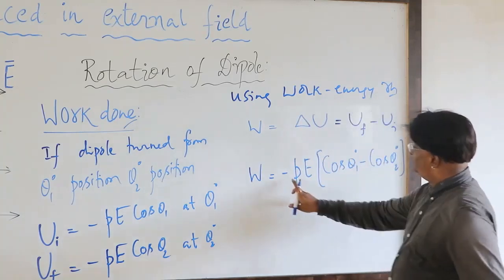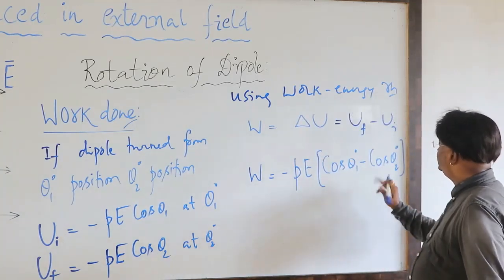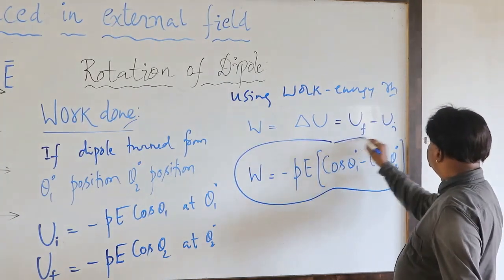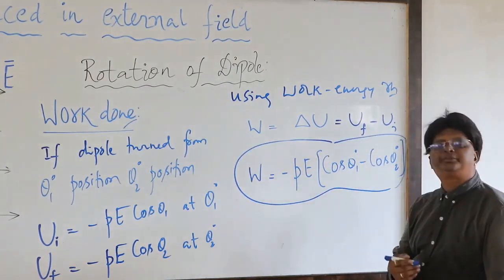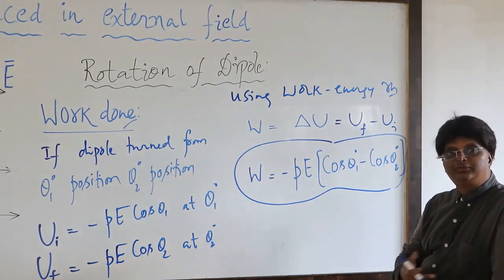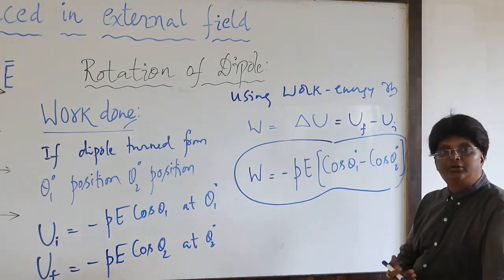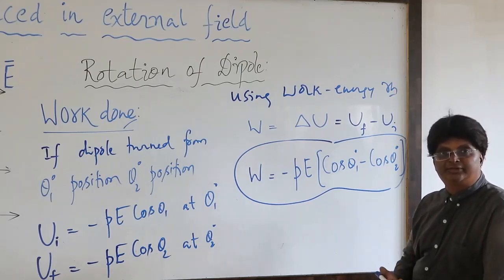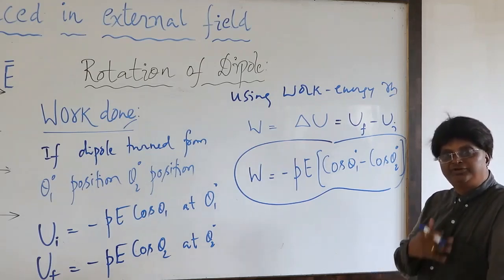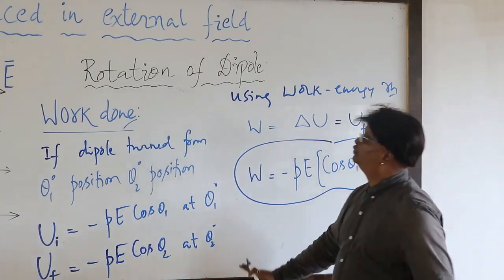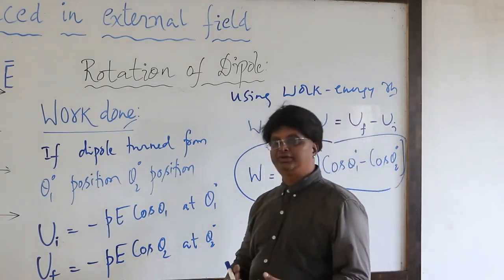This minus P E times cos theta 1 minus cos theta 2 is our expression. Remember, all these principles will form the basis for good models of our different examples, from board examination to any other examination. So this is the case of work done in rotation of the dipole.